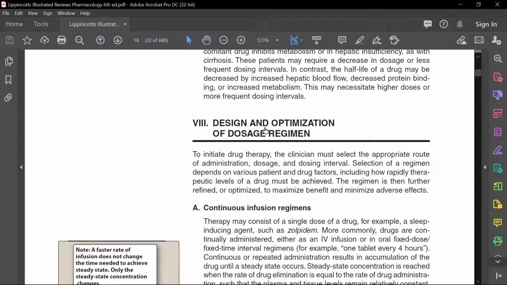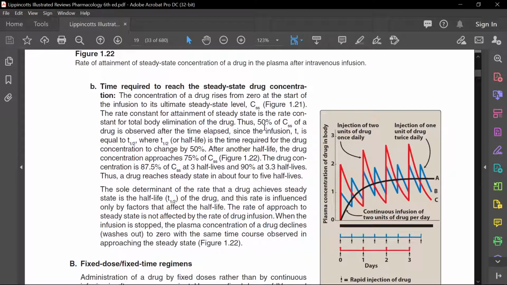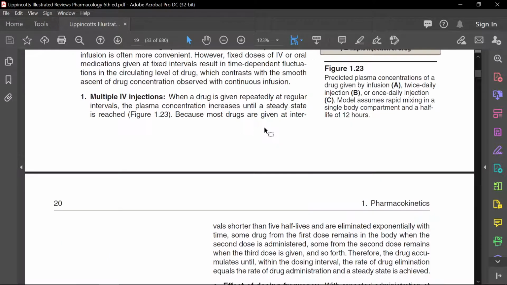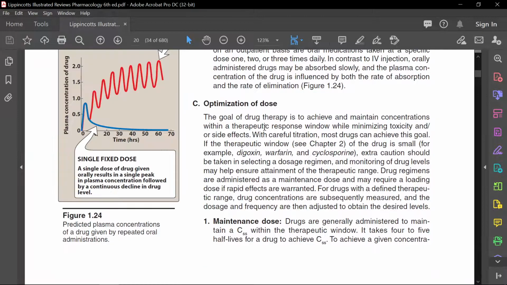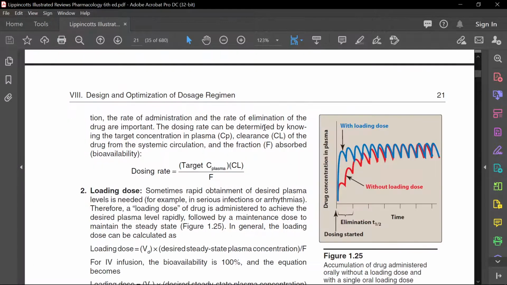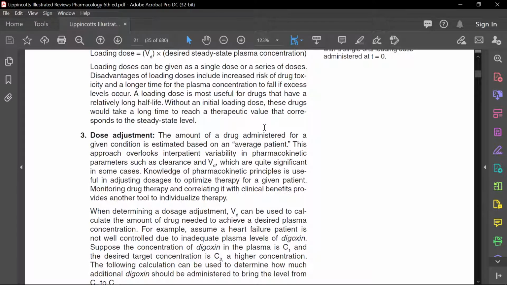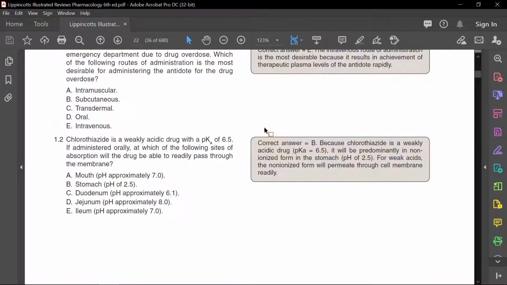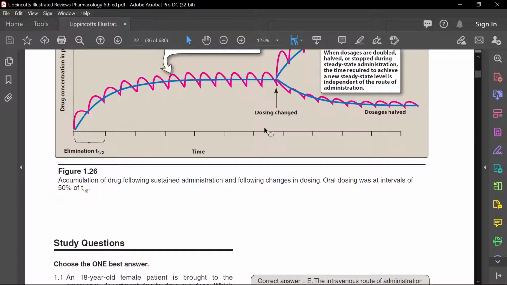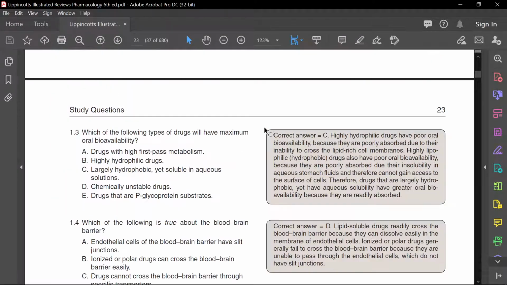That includes continuous infusion and then the fixed dose regimens, maintenance dose and loading dose for optimization and dose adjustment.